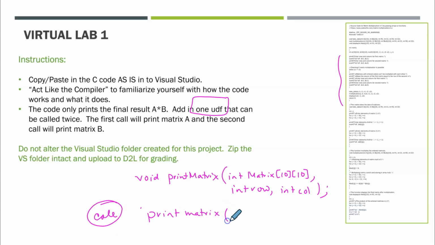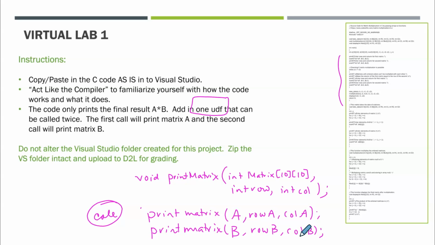I'm going to print A, so I'm going to send in A, the rows for A, the columns for A, and then I can print matrix A. I can repeat calling the user-defined function with another print matrix, but this time I'm going to send in matrix B for printing. Matrix B, we need to know its rows and its columns.